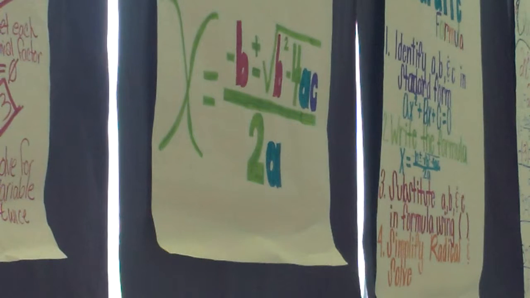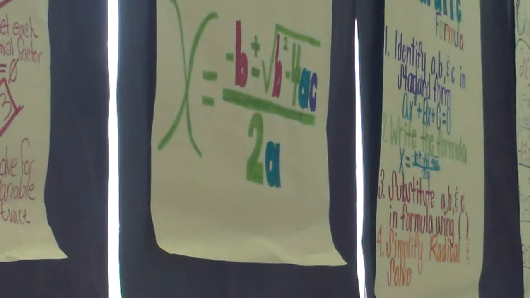Quadratic formula. Negative b plus or minus root of b squared minus 4ac all over 2a.